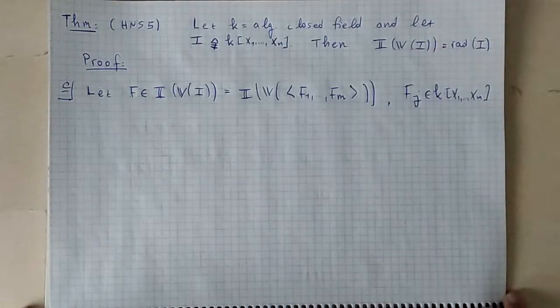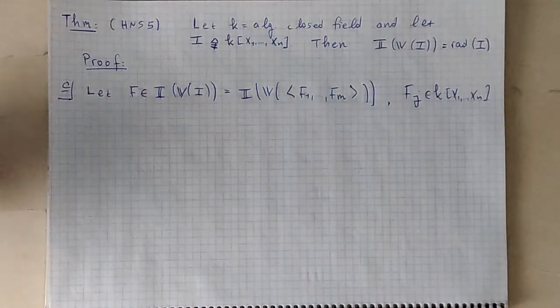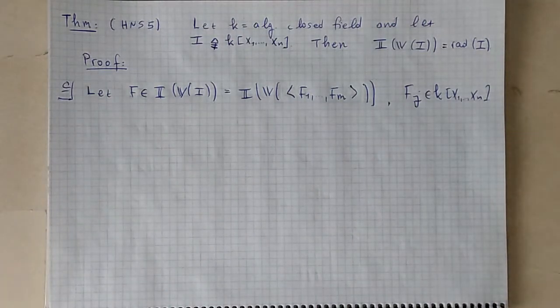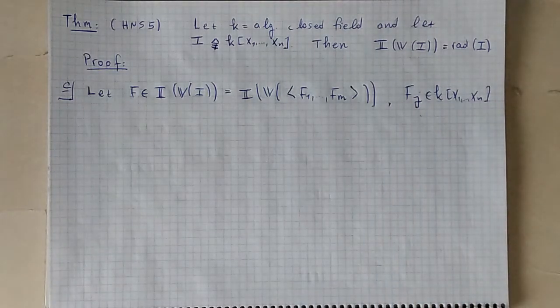The trick is, this is the so-called strong version, and I'm going to use Rabinowitsch's trick. So what I'm really doing is that I'm going to define an ideal, but this is going to be an ideal of the polynomial ring in n+1 variables. So it's important that these guys have n variables.